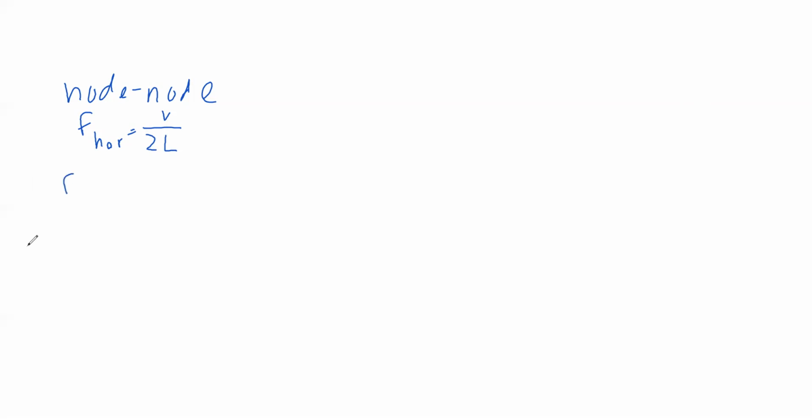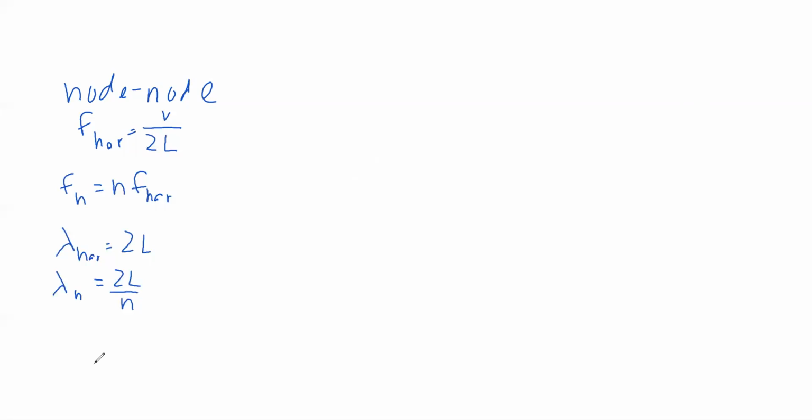And then every subsequent harmonic for n greater than 1 is just equal to n times the fundamental. That's for the frequency. But what about the wavelength? Well, the wavelength of that first harmonic is 2L, and then of course that means the wavelength for any successive harmonic is just 2L over n.